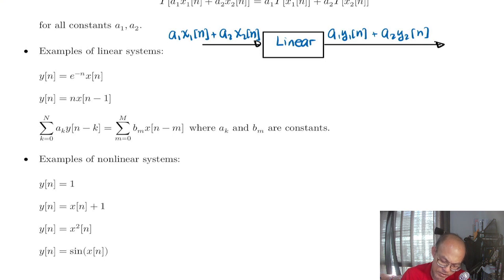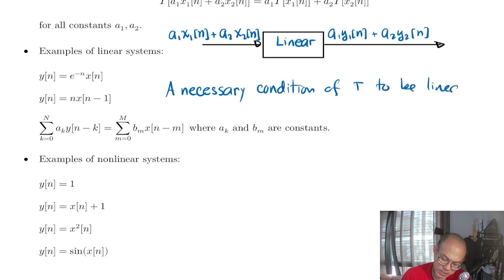Now, a necessary condition for the system T to be linear is that if we apply 0 as the input, the output has to be 0.